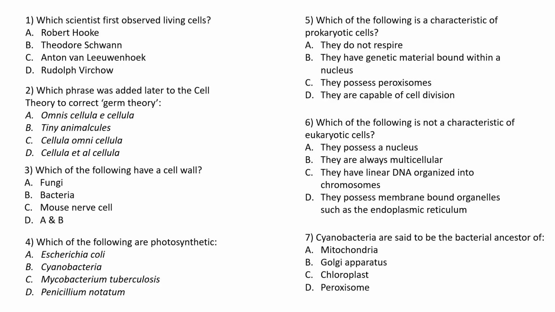Right. So now the last question of this slide. Cyanobacteria are said to be the bacterial ancestor of which organelle? Chloroplast. Yeah, that's right. Very good. C, and this makes complete sense, right? Because cyanobacteria are capable of photosynthesis, and chloroplast is an organelle that's found in much more evolved cells that allows them to do that.